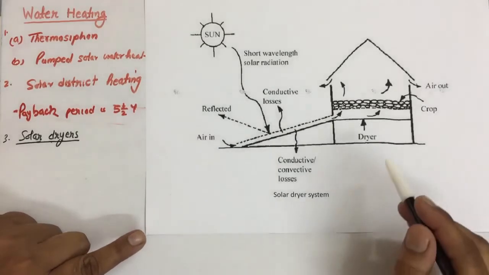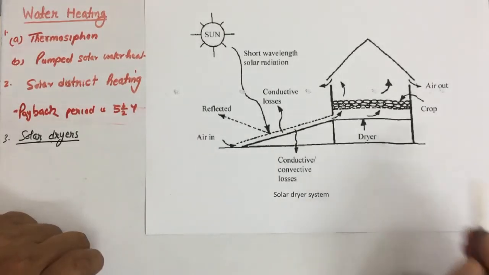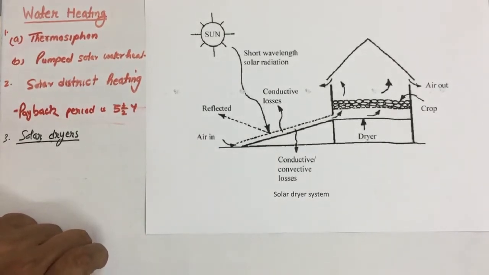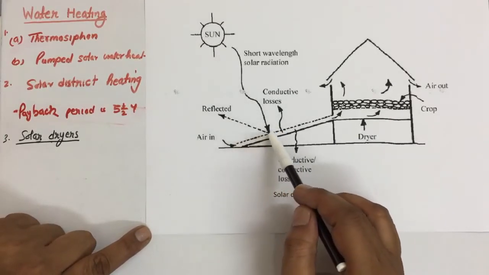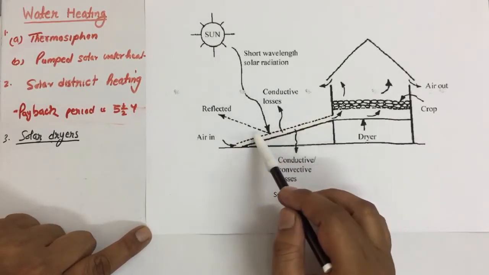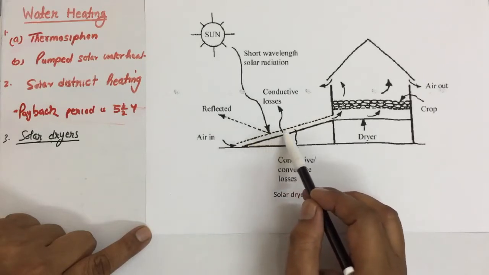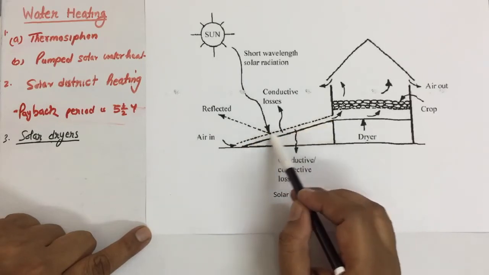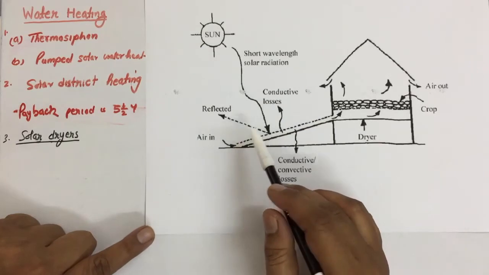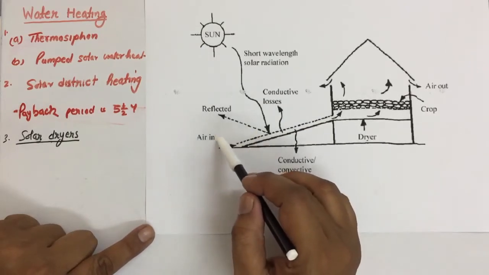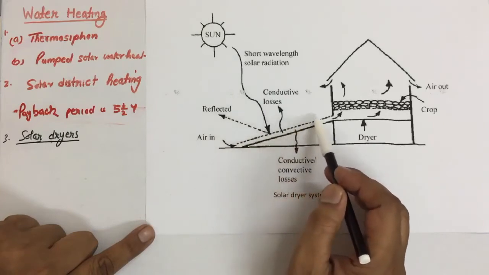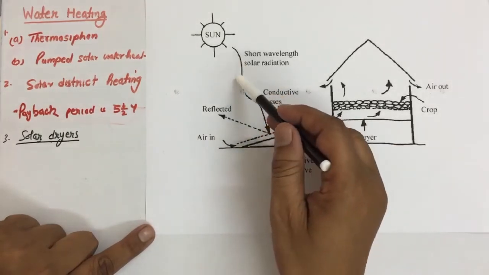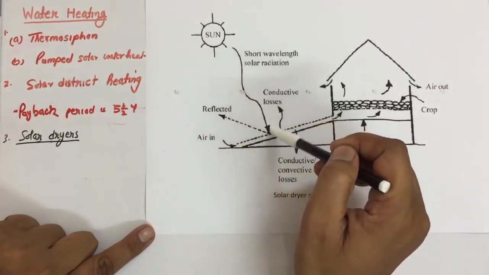This is the basic structure of a solar dryer system. This is the very basic one, in which this is the glass surface and this is the blackened surface, and air is forced to come inside this region, and the sun radiations are coming from here.